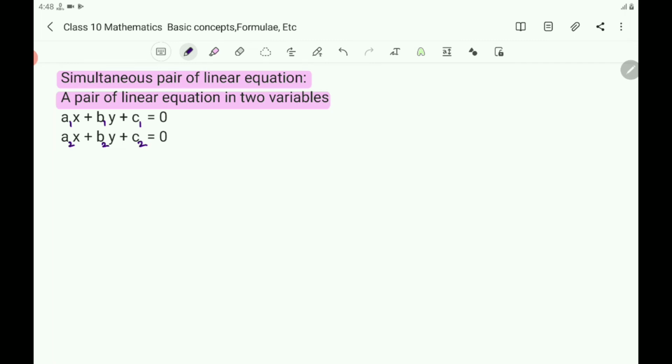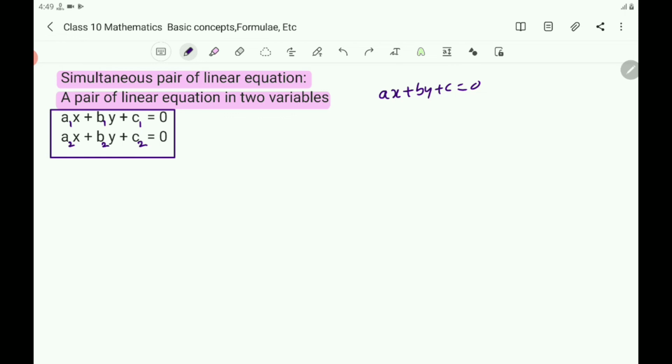If only one equation is there, you can write ax plus by plus c equals 0. But here two equations are there. They are simultaneous linear equations, meaning a pair of linear equations in two variables. Here the same values of x and y hold good for both, so they are called a pair of linear equations in two variables.